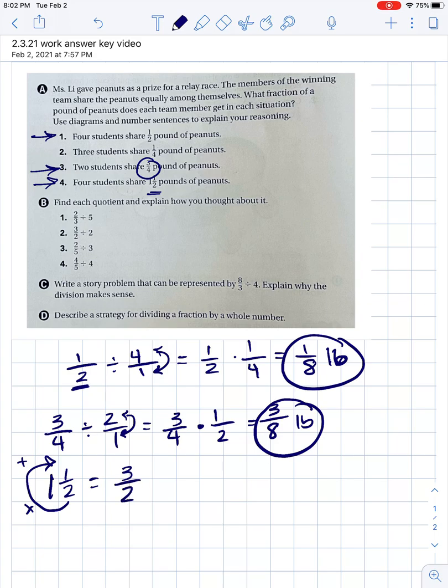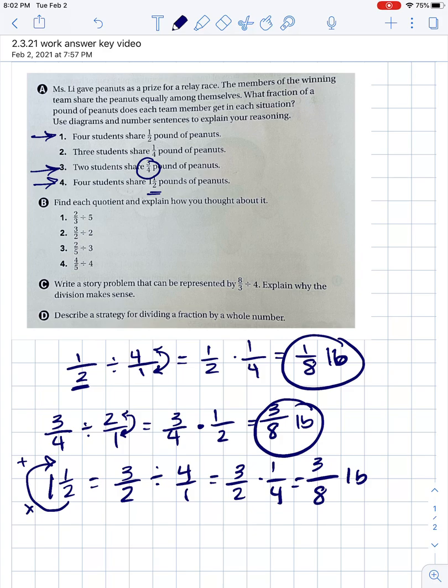This is 3 over 2 divided by 4 kiddos, 4 over 1. And then we'll rewrite that, 3 over 2 times 1 over 4. 3 times 1 is 3, and 4 times 2 is 8. Different scenario, but they are going to land with 3/8 of a pound.